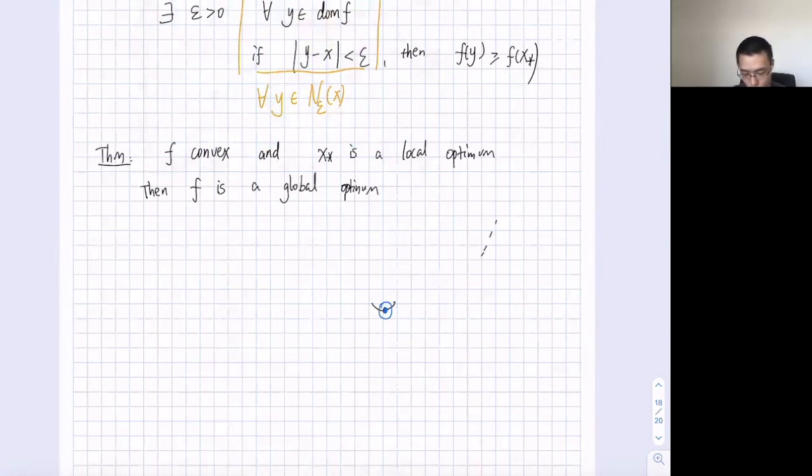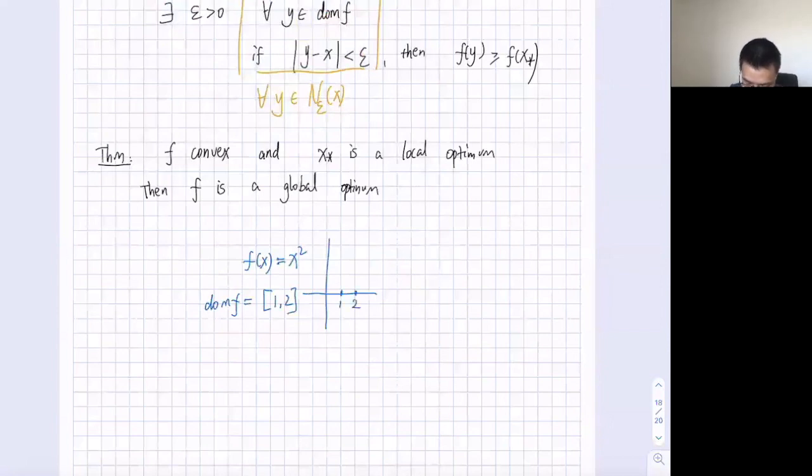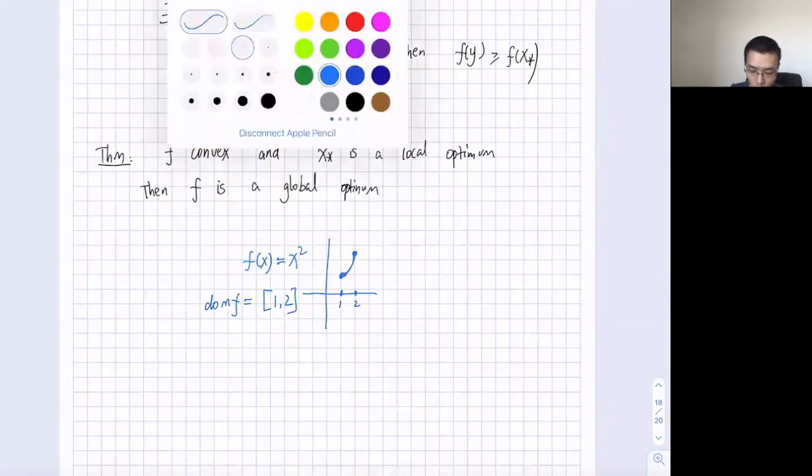It's not necessarily differentiable. For example, my f of x is still x squared, but my domain of f is the interval from 1 to 2. There's no point which has a derivative of 0, but still 1 is the best point in its neighborhood.